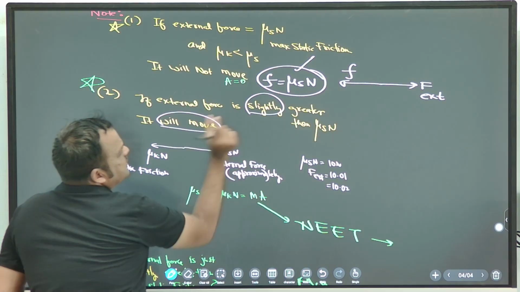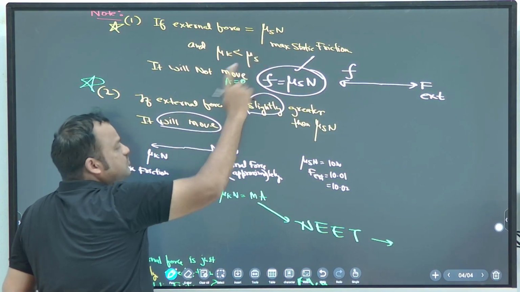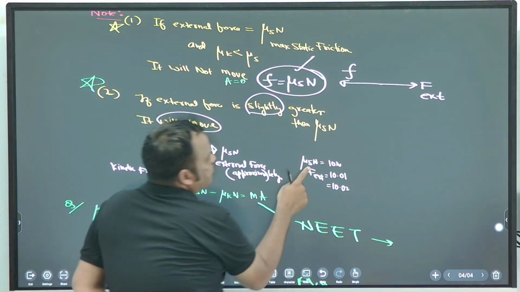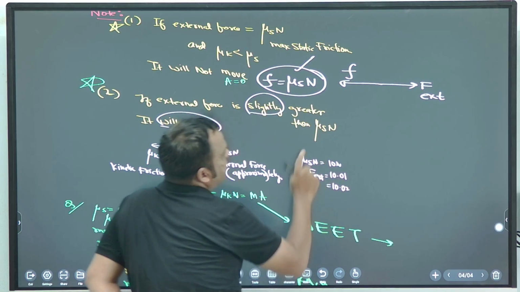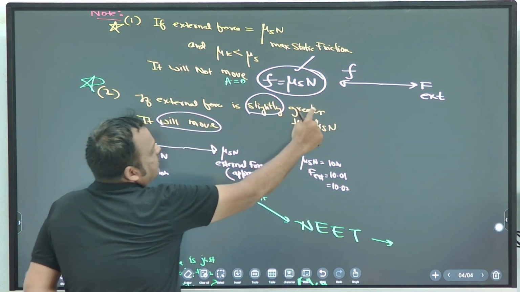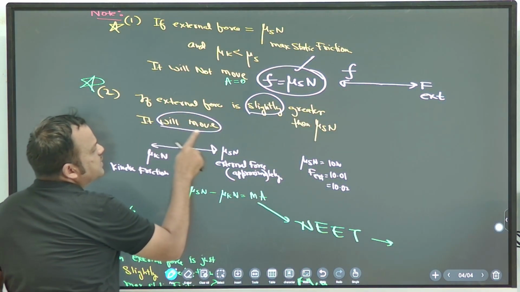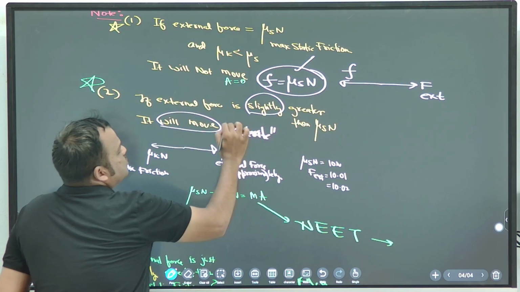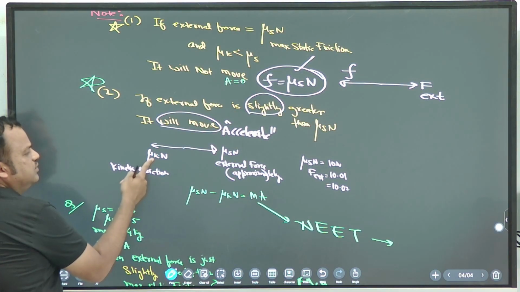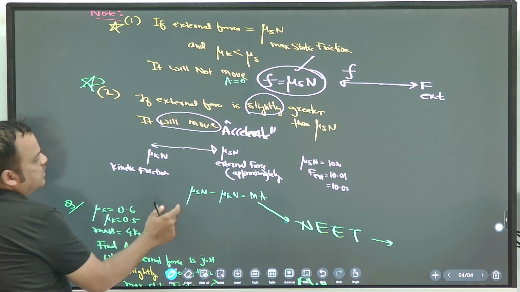If external force is slightly greater, not very greater, like mu Sn is 10, suppose. So external force is 10.01, 10.02. Then it will accelerate, it will move. So friction is kinetic or static? Is kinetic.